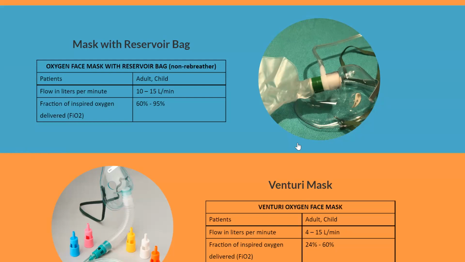So better, if you see the target is not being reached or achievable, better to think of the next one, which will be the simple facial mask, where the FiO2 will go around 60. And then the facial mask with the reservoir, where you can go to a higher flow.